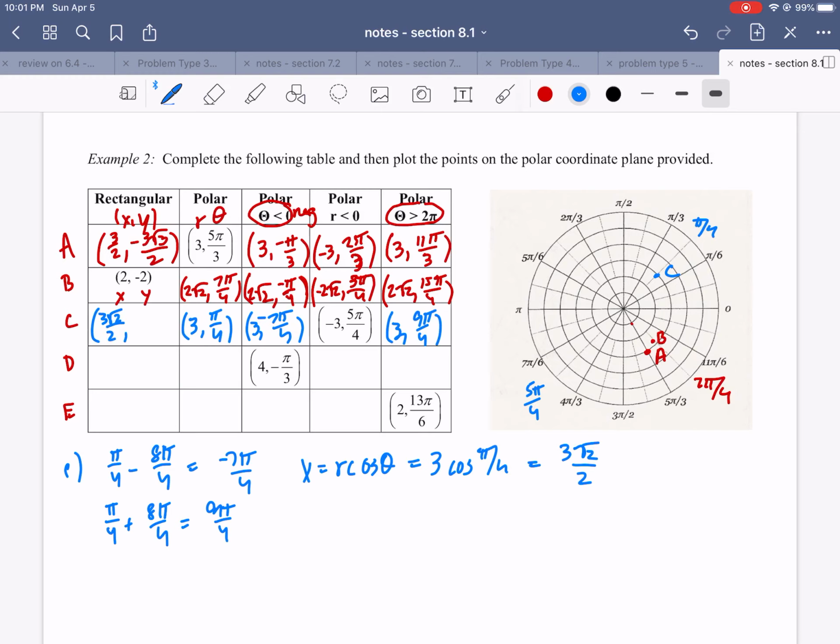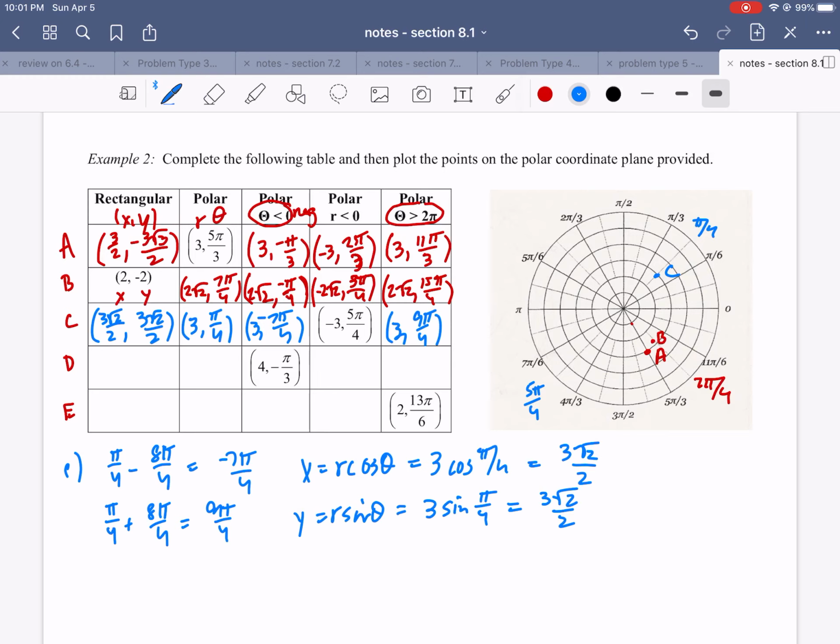And then my y-coordinate will be r sine of theta. That will also be 3 times the sine of pi over 4, which is also square root of 2 over 2. And so my y-coordinate just so happens on this particular problem to be the same as my x-coordinate, 3 square roots of 2 divided by 2.